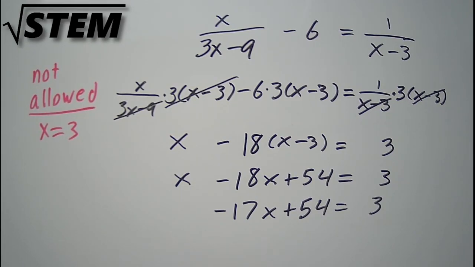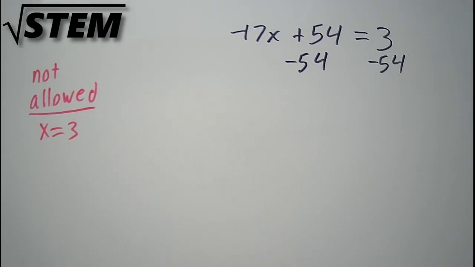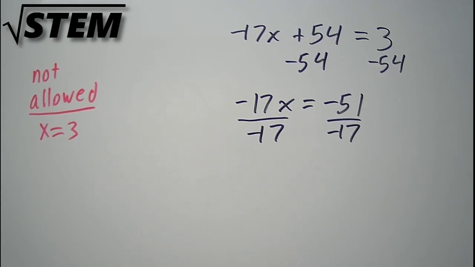Now, to get the x's by themselves, let's subtract 54 from both sides to get that negative 17x equals negative 51. Finally, to get the x all by itself, we have to divide by negative 17 on both sides to find that x equals 3.